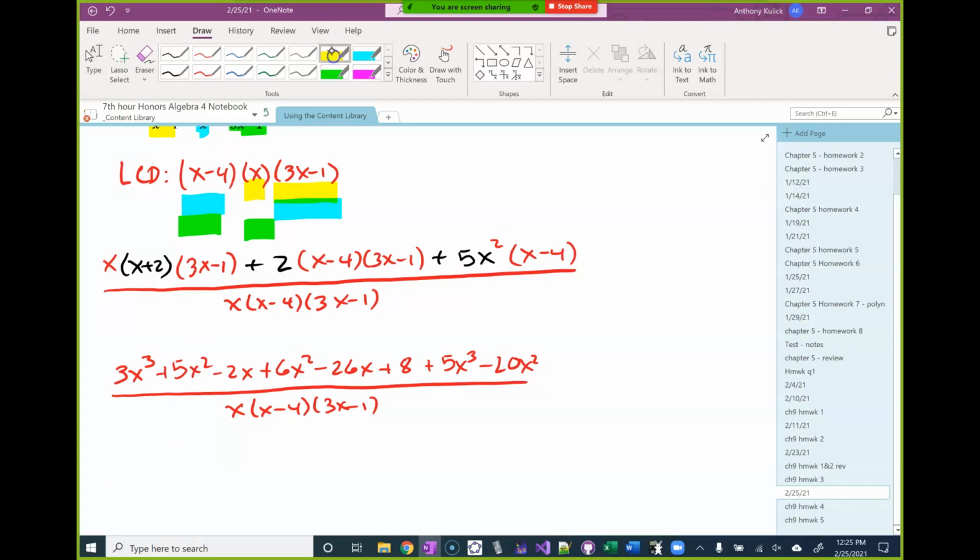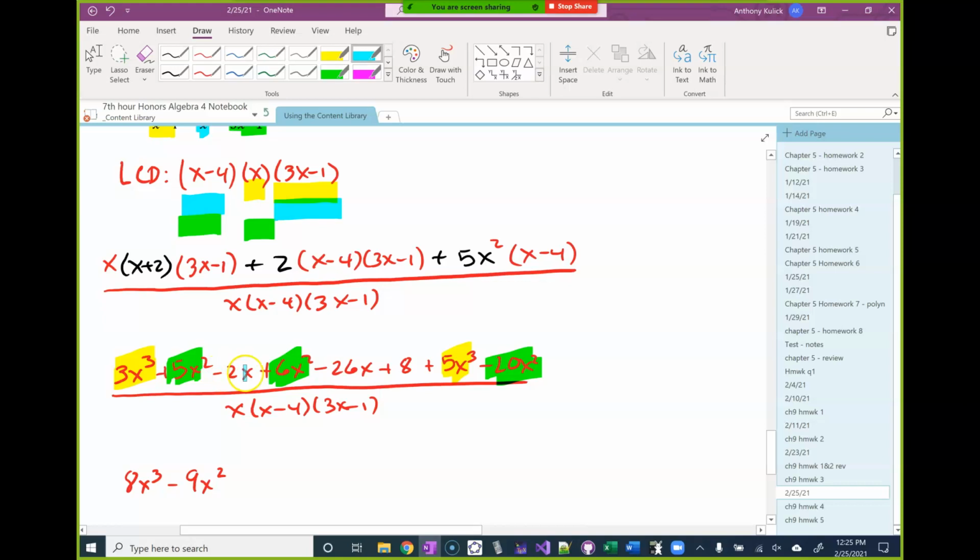And let's see, combining like terms, I have 8x cubed. And then minus 20, so that's minus 9x squared.